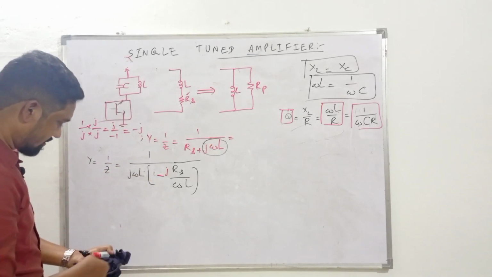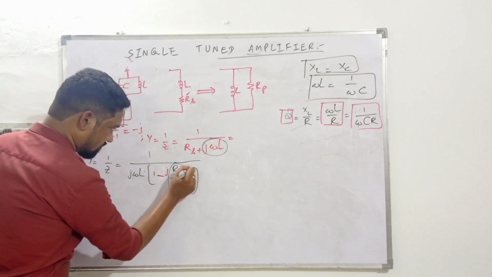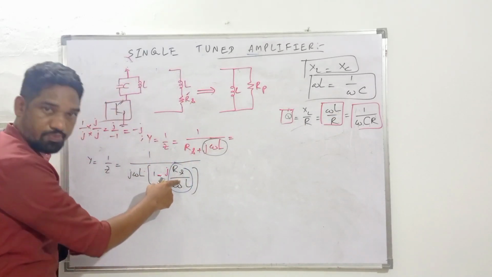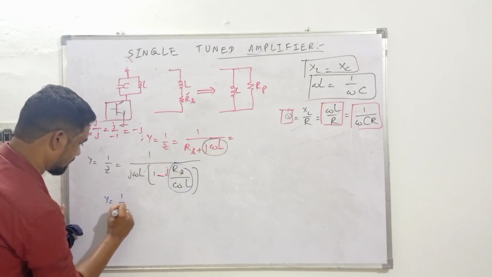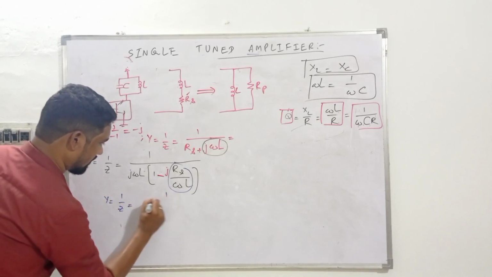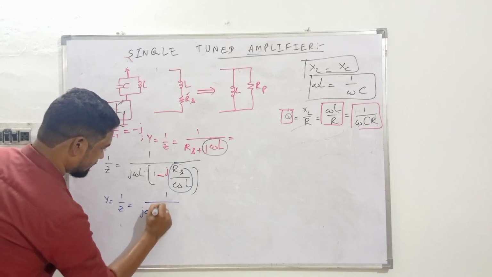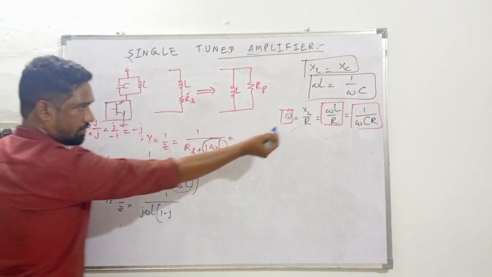And guys, can you see something? What is this ratio? It is omega L upon R, and this is its reciprocal. So y, which is equal to 1 upon z, can be written as 1 upon j omega L as it is, times 1 minus j, and it's the reciprocal of Q here.